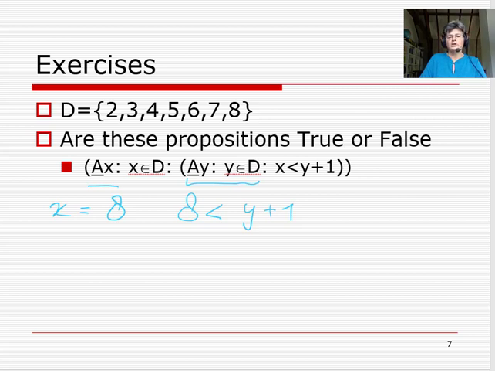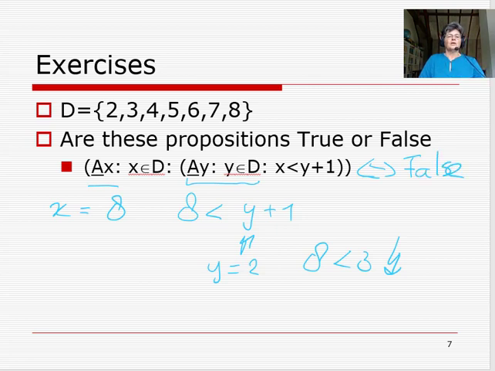Okay, and then you would say, of course, that is not true. Because if we choose y being 2, then 8 smaller than 3, that's complete nonsense. So if we look at the universal one, it's easier to show that it's false, because then you only have to find one counterexample. So this one here is false. It's not true.